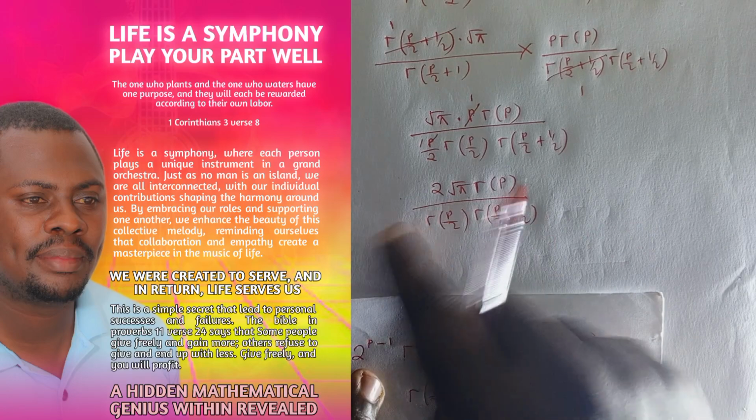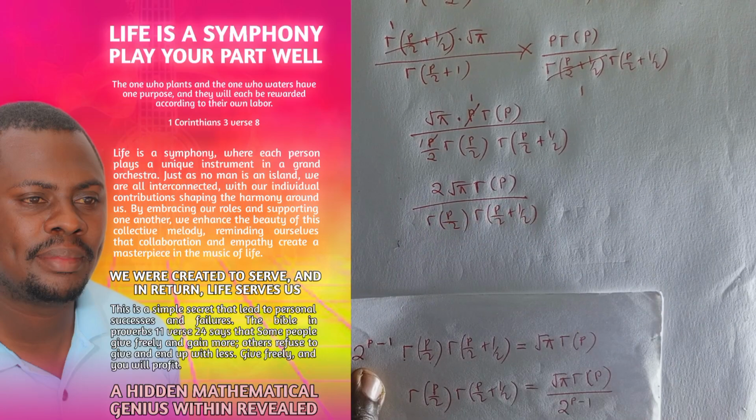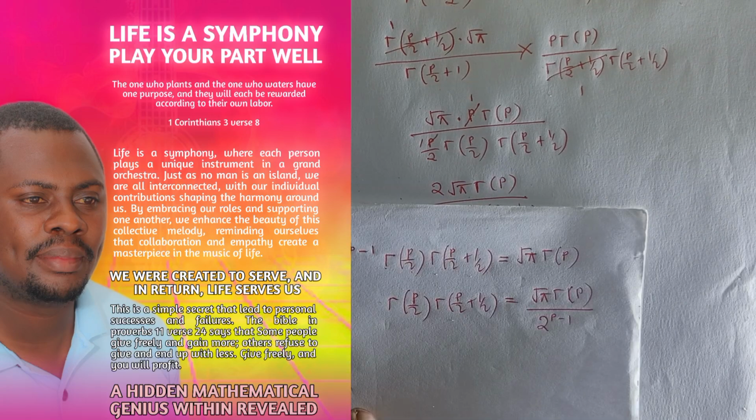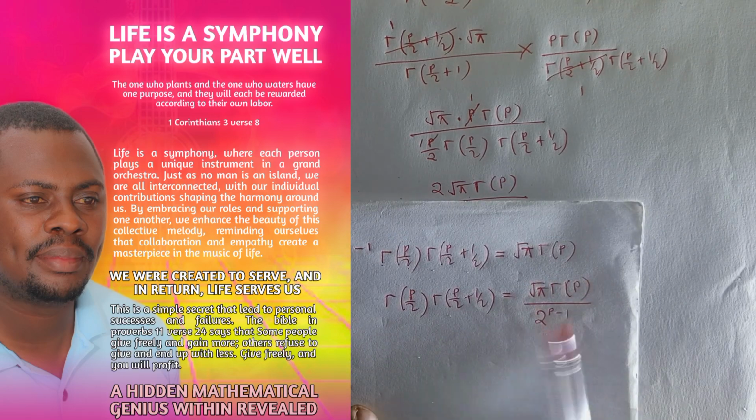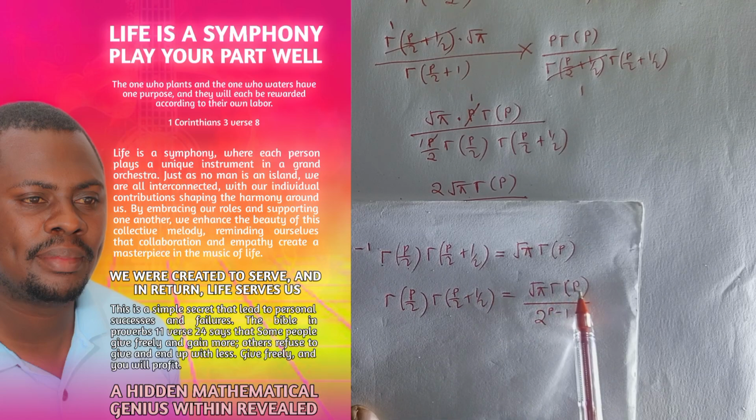So now, here we are dividing. So since we are dividing, we change this to multiplication and the fraction will interchange. So instead of writing this, this will interchange. The numerator will be 2 to the power p minus 1 over square root of pi gamma of p.